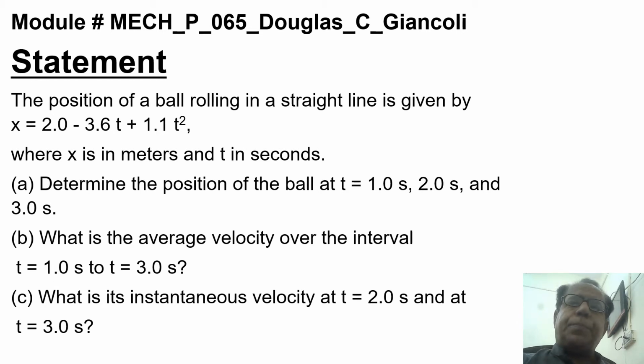Statement: The position of a ball rolling in a straight line is given by x equals 2.0 minus 3.6 t plus 1.1 t squared, where x is in meters and t is in seconds.